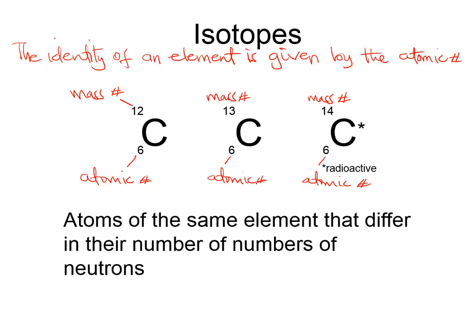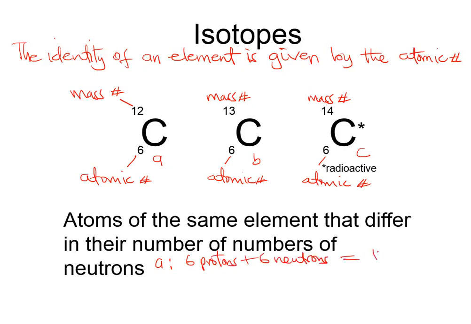Now, in most cases, we have atoms of the same element that differ in their mass numbers. They differ in mass numbers because of the neutrons. For example, this one I'll call A, this one B, this one C. A has 6 protons and 6 neutrons.